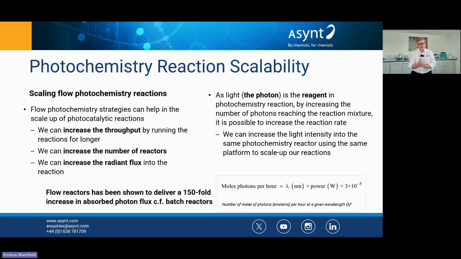So the take-home here is that flow reactors, although they might not change the efficiency of our photochemical reaction, are able to deliver, in examples, quite a high increase in our throughput compared with the equivalent batch reaction. So it's a really useful technique to run in parallel with traditional batch photochemistry methods.